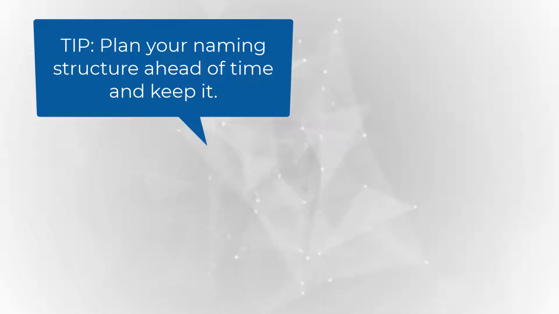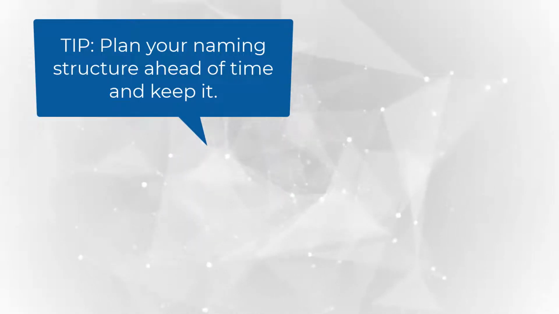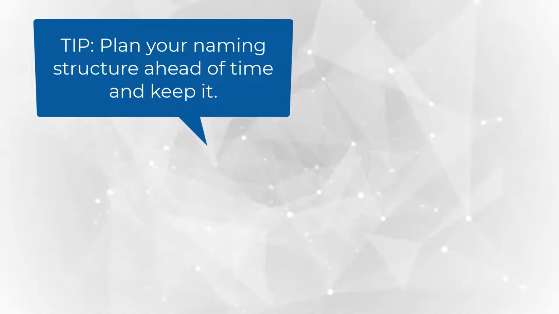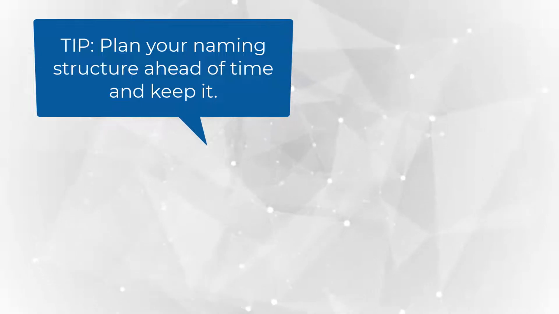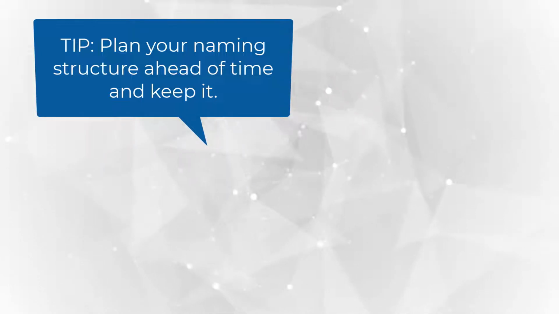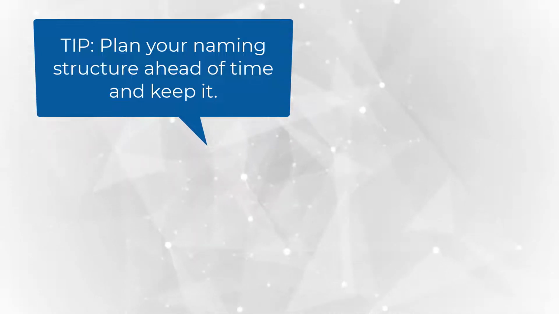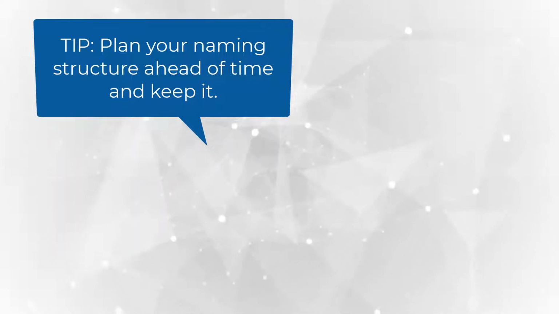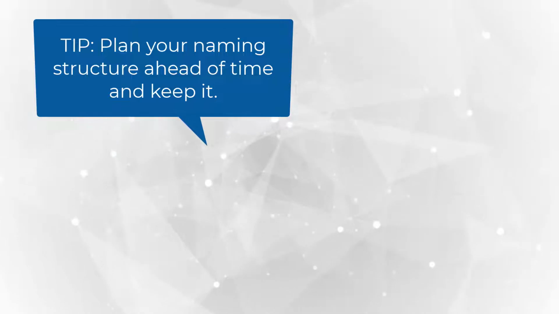If I had any advice, it would be to think about what you want your naming structure to be ahead of time. Think about what you want your folder structure to be ahead of time, and do whatever it takes not to change that. I mean, keep that standard, because when you do change stuff, things definitely break. We've been a program for quite a while now.